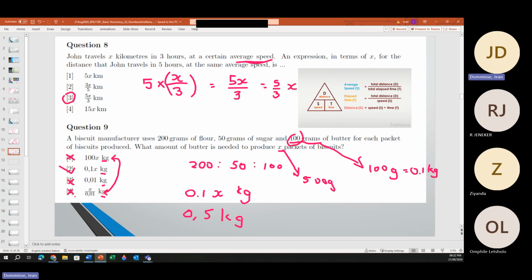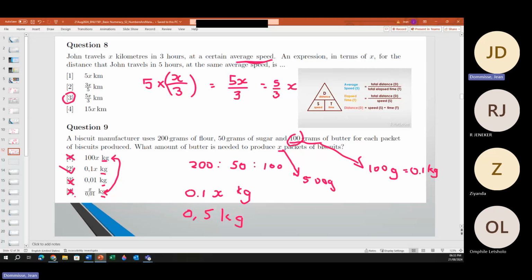So again, it seems very difficult, but actually what they just wanted was for you to convert the grams into kilograms to get to the answer. They can ask this for liters.